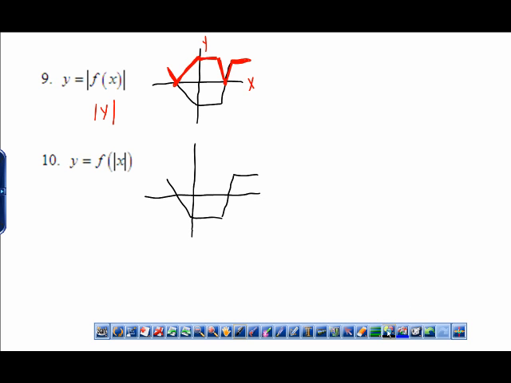And now let's talk about number 10, which is taking absolute value of the x's. This one's a little weirder, but it does make sense if you think about it. If you just try to memorize what I'm doing, that's really not going to work. I want you to let the logic of this pull in. If I'm taking absolute value of x, this is not really just affecting the outcome.